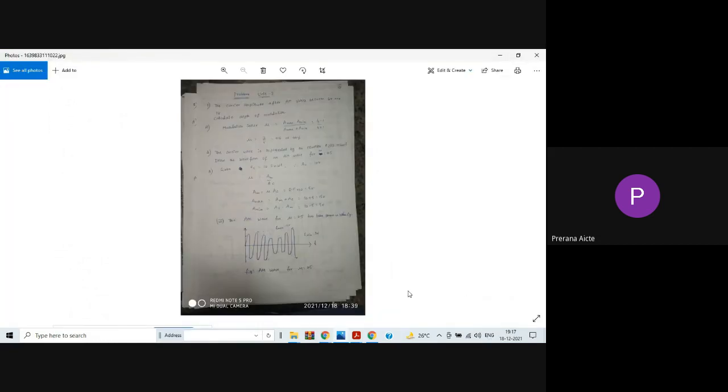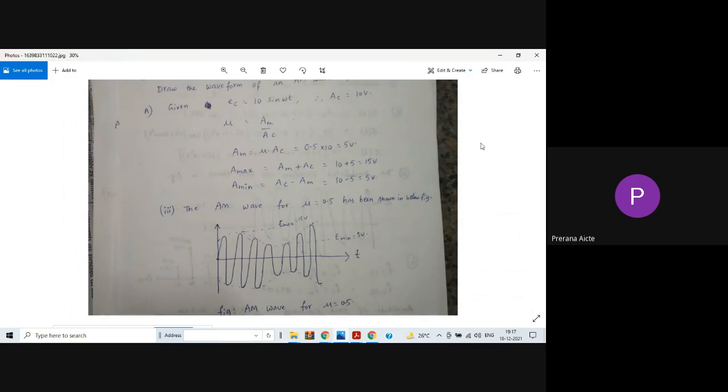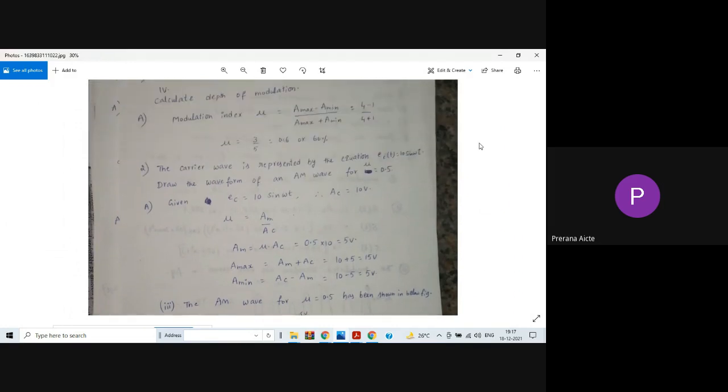See, so what is that? The carrier amplitude after AM wave varies between 4 volts and 5 volts. Calculate the depth of modulation. So we know the formula. What is modulation index?